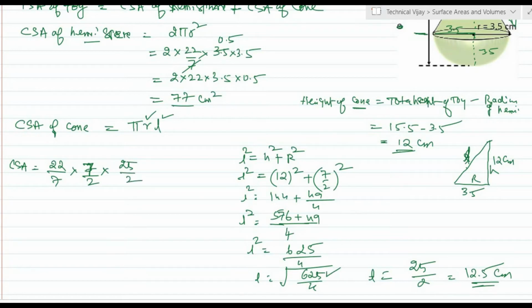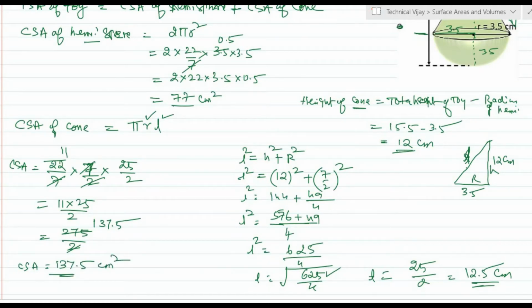The 7 gets cancelled, so 11 into 25 divided by 2, which is 275 divided by 2. So the CSA is equal to 137.5. This is the cone surface area.